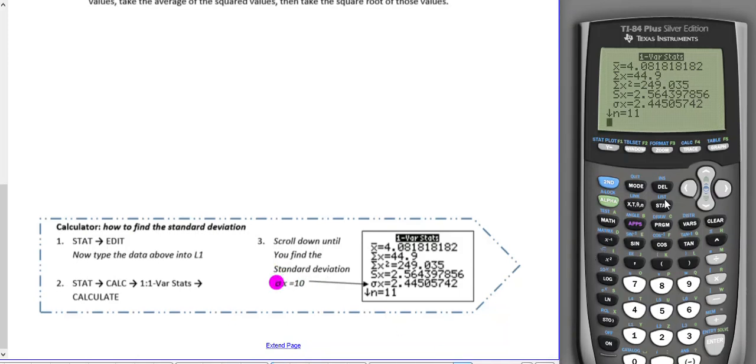That is standard deviation. In this case it is another decimal, so we're going to round to 2 decimal places, and it is 2.45, which you can also see here. So that is an overview of our measures of central tendency.